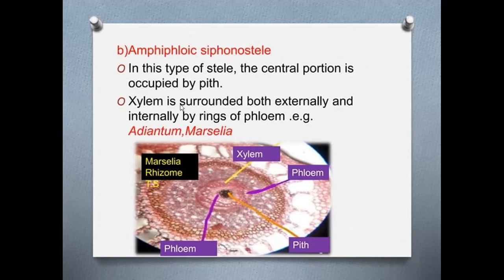So amphi refers to the sandwich. Now, what does it mean? When we talk about the vascular cylinder here, xylem and phloem arrangement, xylem is surrounded both externally and internally by the ring of phloem.